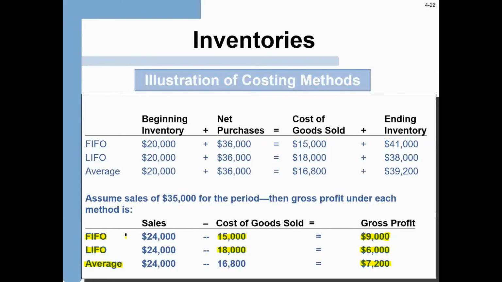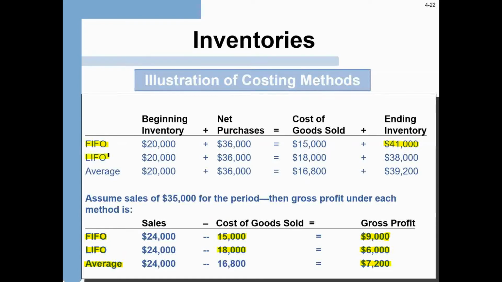And we need to see this also. By the way, this I explained to you in the income statement. If we go to the balance sheet, under the FIFO method, you can see this is FIFO, we are reporting more assets, which means we are overstating the assets as compared to LIFO and weighted average.